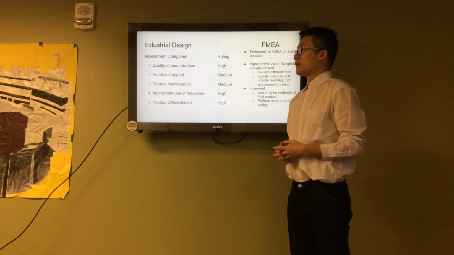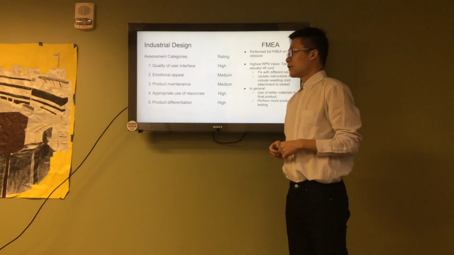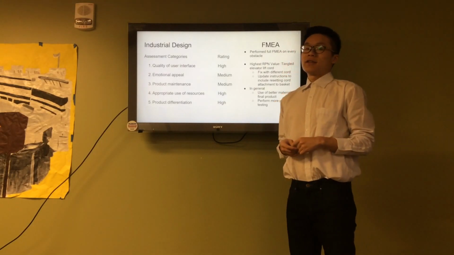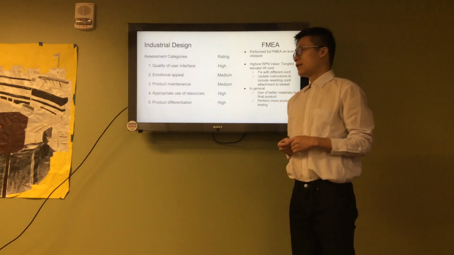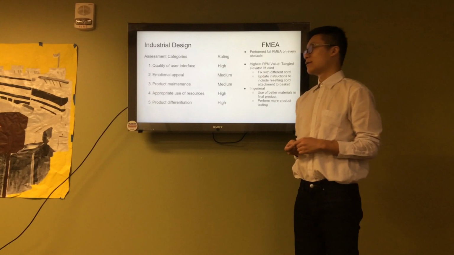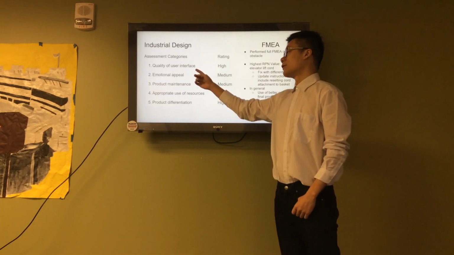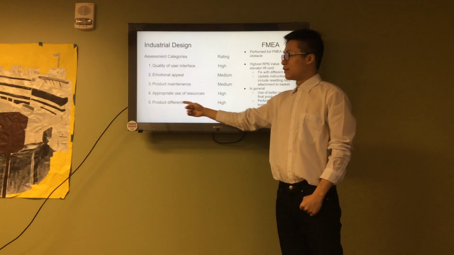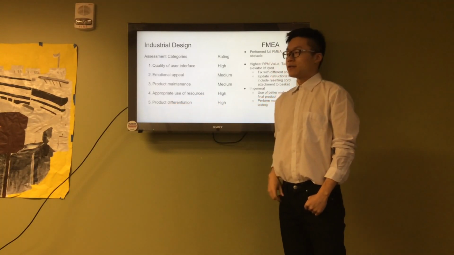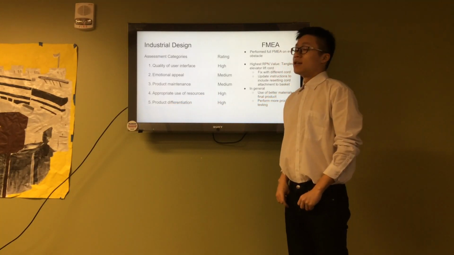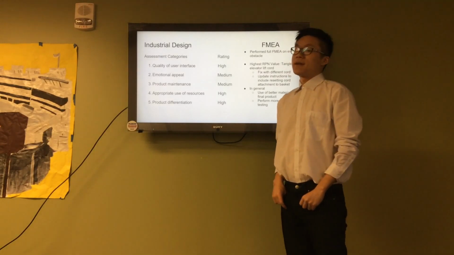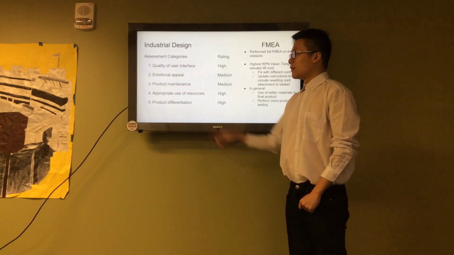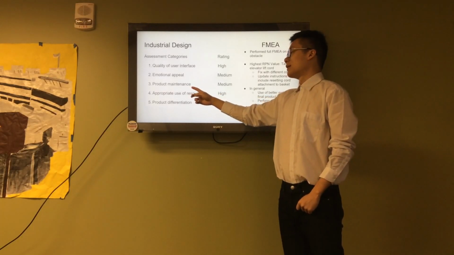According to the result of industrial design evaluation, the categories that the team spent more time on have a higher score, like the quality of the user interface, the appropriate use of resources, and the product differentiation. And on the other hand, the categories that the team spent less time on didn't have a high score, like the emotional appeal and the product maintenance.